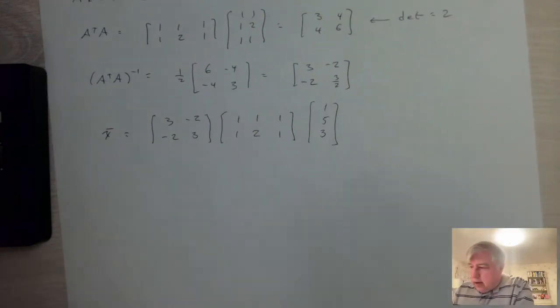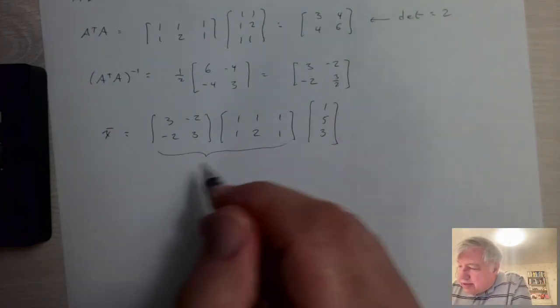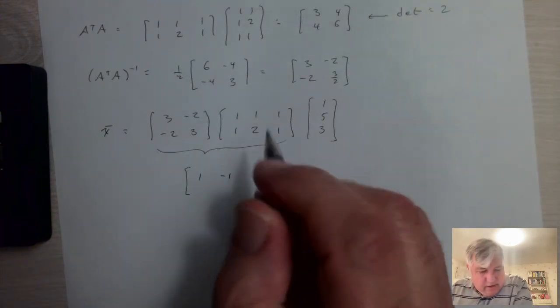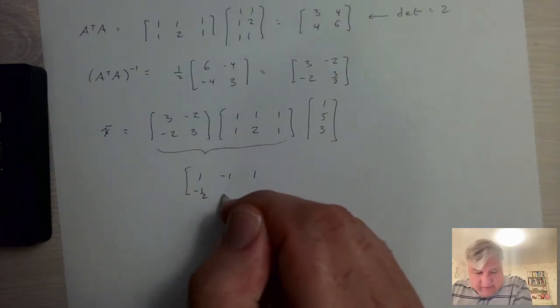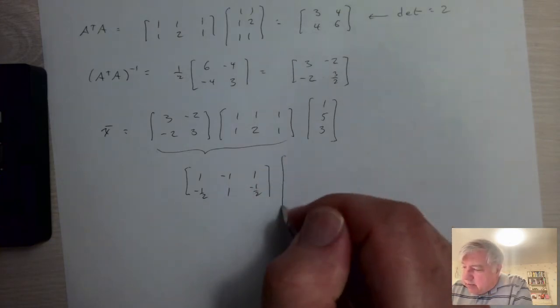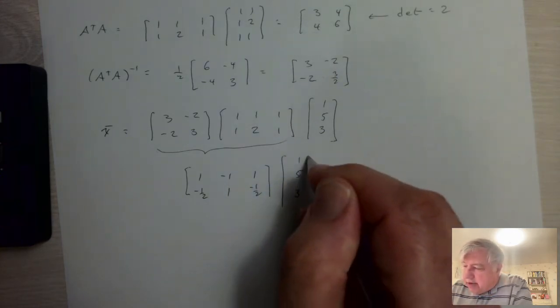Okay. When you multiply these together, I believe you get 1, negative 1, 1; negative 1/2, 1, negative 1/2. Multiply this by 1, 3, 5.